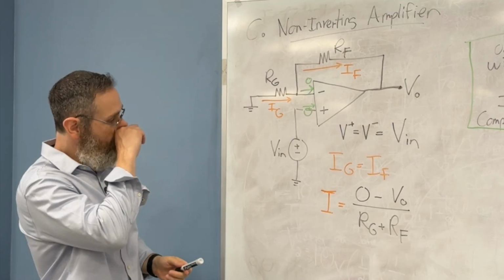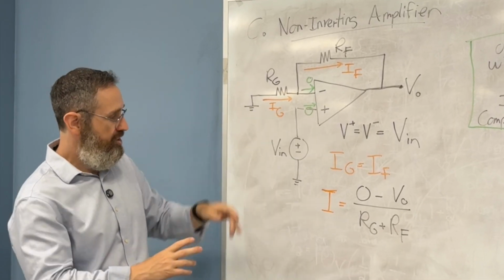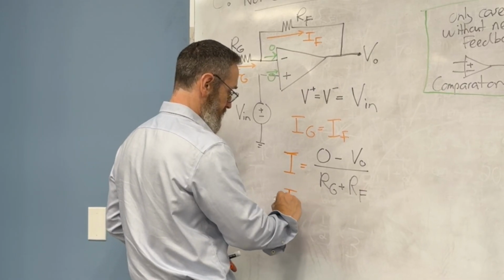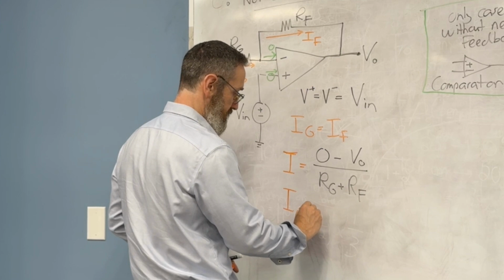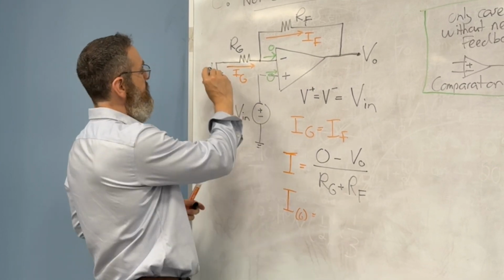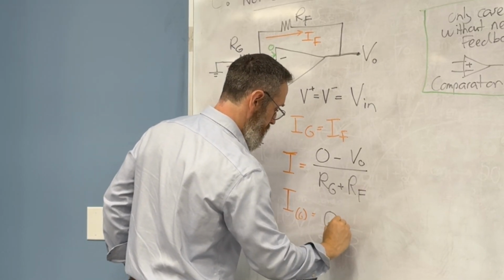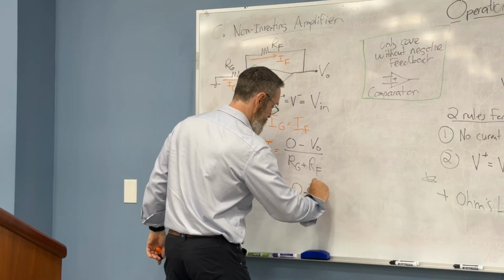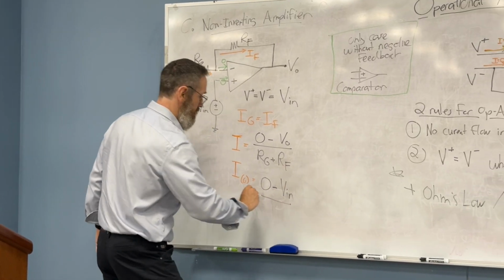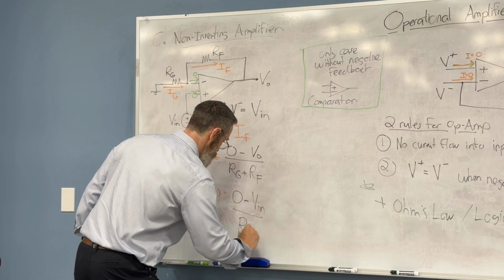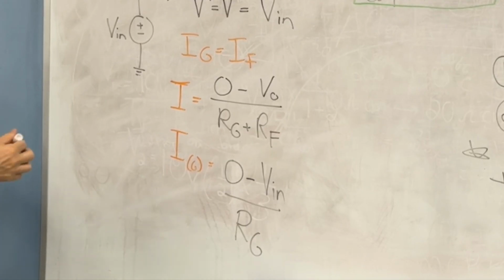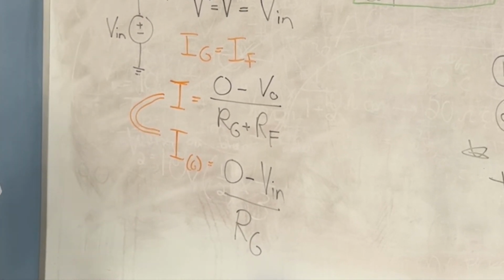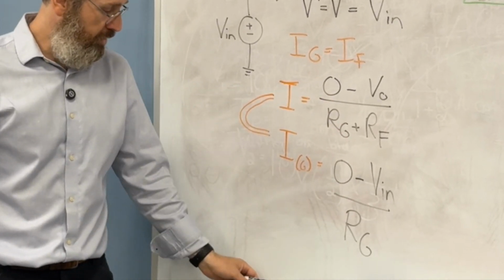And then let me do one more. I'm going to do IG, but IG is I. So IG is equal to, well, now I'm going to get 0 minus V minus, but V minus is V plus, and V plus is V in, so minus V in, over R sub G. Now, these currents here are actually equal to one another, and the zeros don't add up to much.